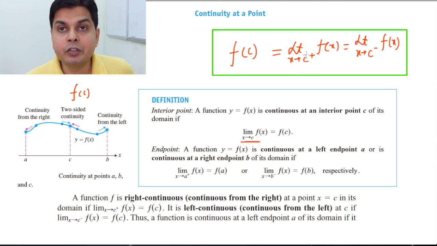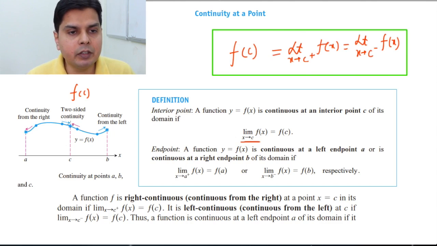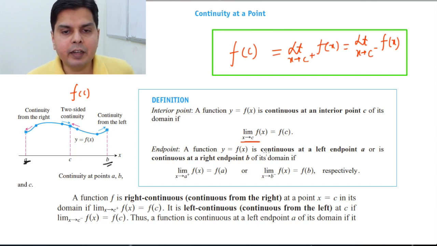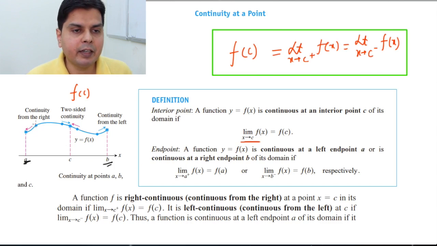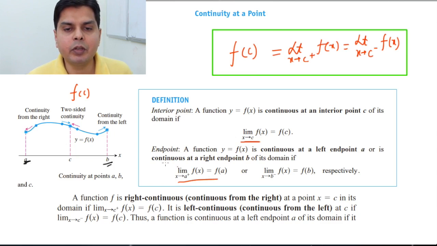So when these three things are equal, that is f(c), the right hand limit and the left hand limit at that point c, then we say that the function is continuous at that interior point c. Now what will happen at an end point? Suppose a is an end point and b is an end point of the function. At a left end point, say a, we check whether the right hand limit and the value of the function f(a) are equal.